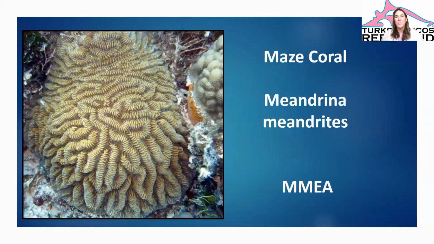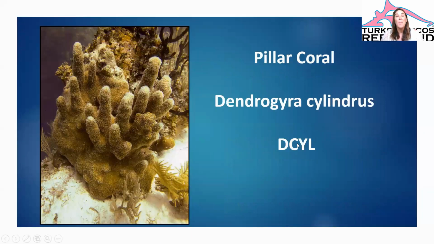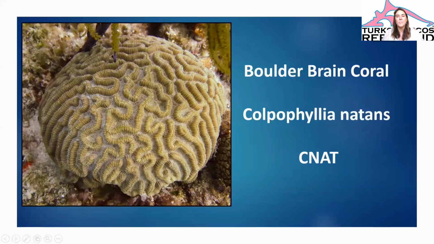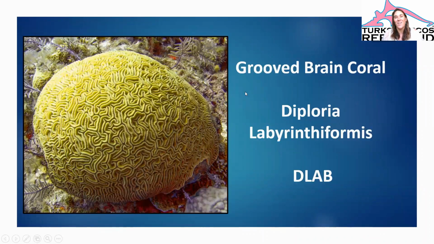We have our maize coral, Meandrina meandrites, MMEA. Pillar coral, the iconic Dendrogyra cylindrus, DCYL. Boulder brain coral, Colpophyllia natans, CNAT. Grooved brain coral, Diploria labyrinthiformis, DLAB.